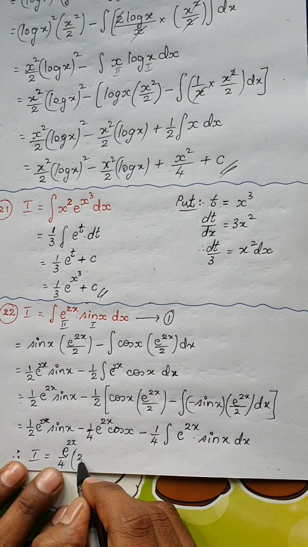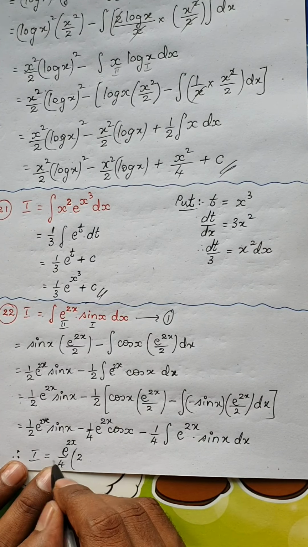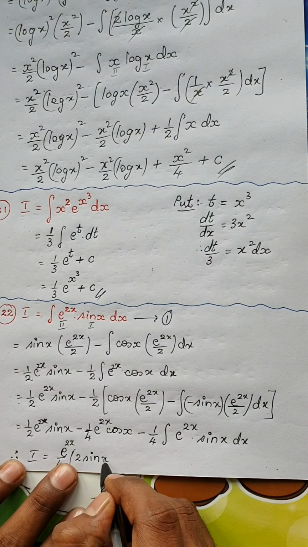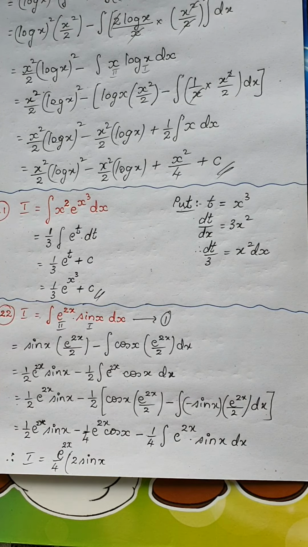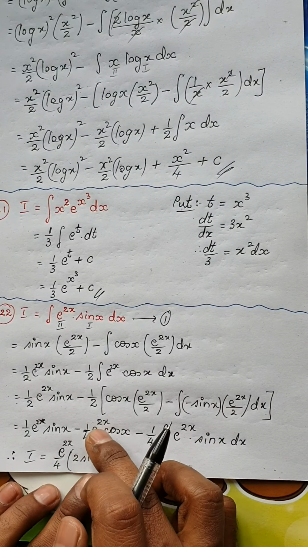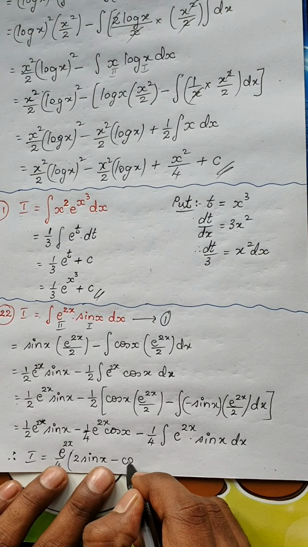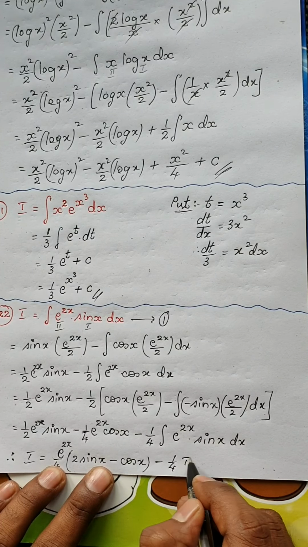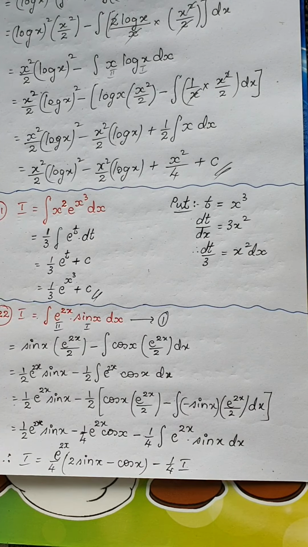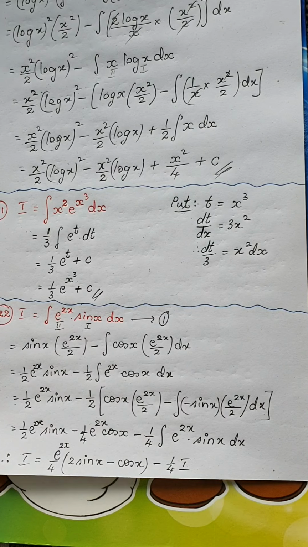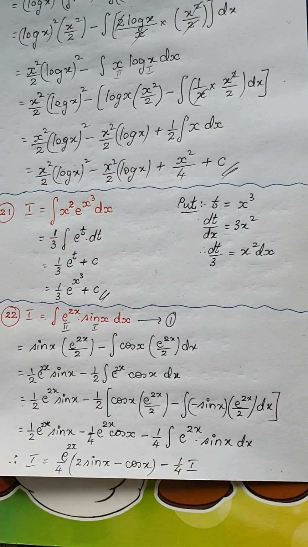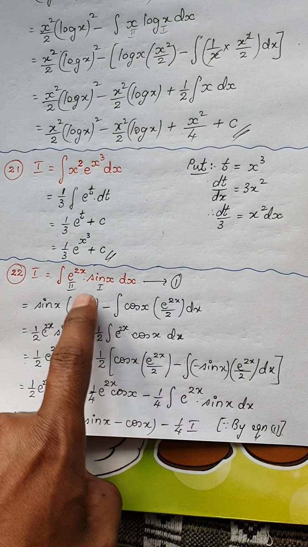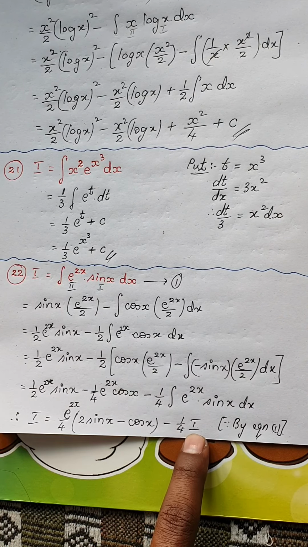So remember, 2 into 2 divided by 4 would be 1 by 2. So I'll write 2 sin x, minus 1, e power 2x by 4 is outside, it is cos x, minus 1 by 4 into I, remember. Why did I take I? By using equation 1. So by equation 1, I am using e power 2x into sin x as I.